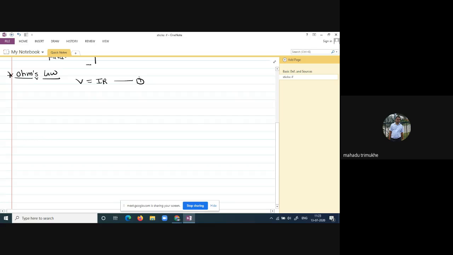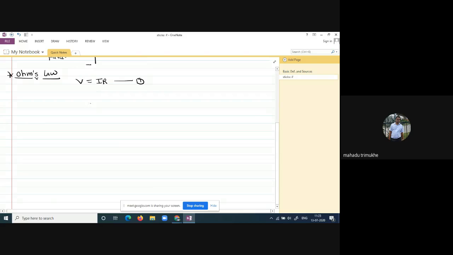What is V here? V is nothing but the voltage drop across the resistor, right? And R is nothing but the constant of proportionality, that is called resistance. And I is nothing but the current flowing through the resistor, right?